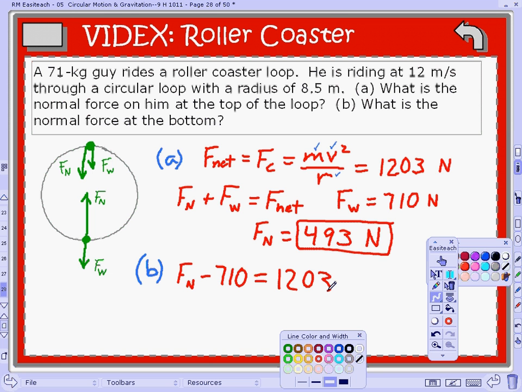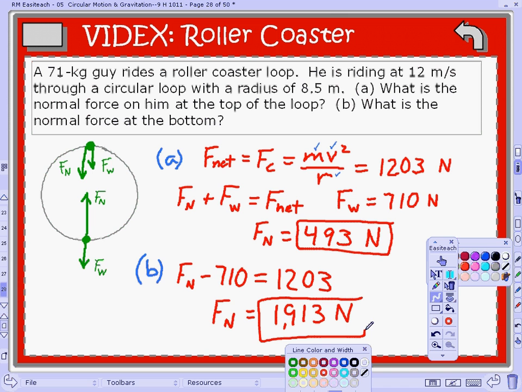So then the normal force that I get, 1203 plus 710, is 1,913 newtons, which is a greater force at the bottom of the loop than at the top of the loop, like we expected from the animation.